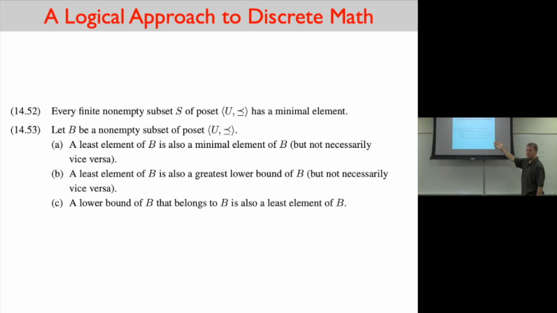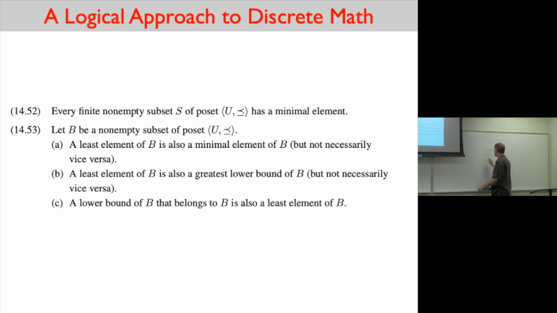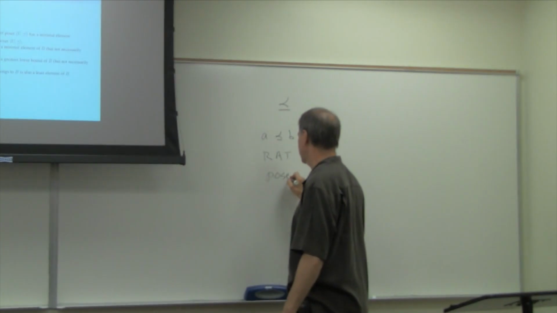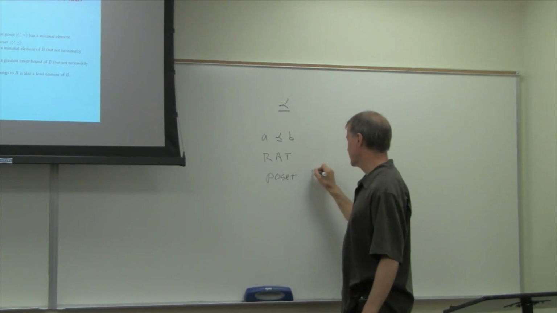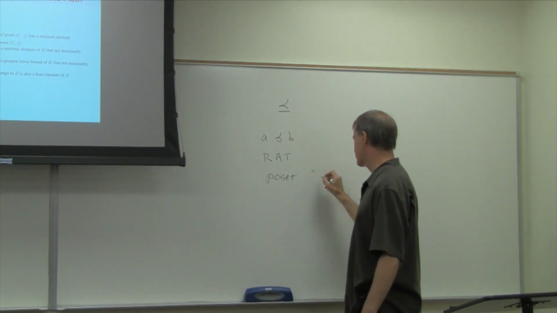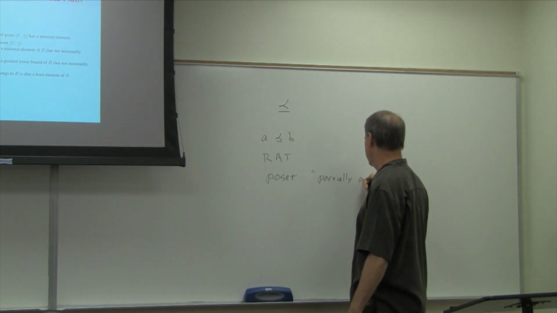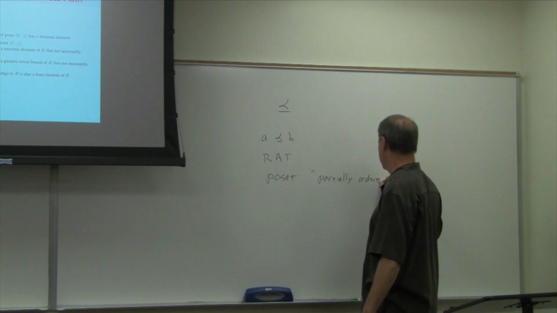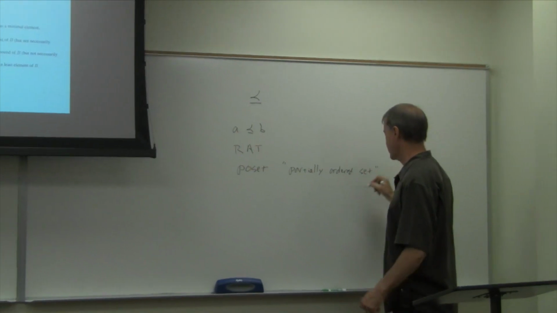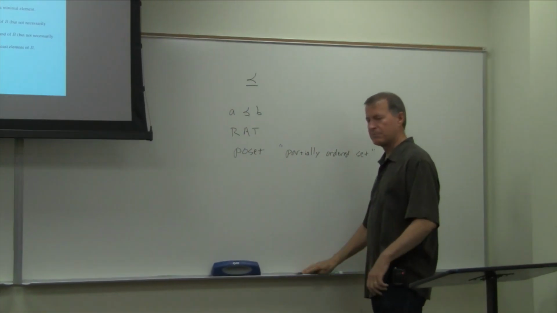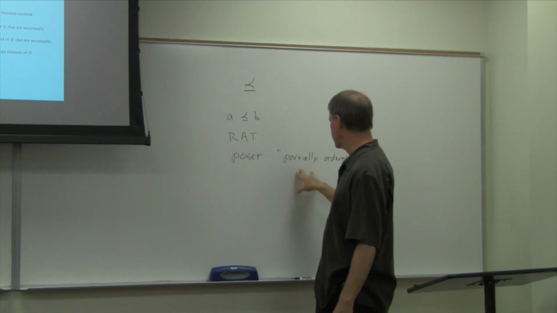No, not power. P-O. Poset. What is poset an abbreviation for? Partial order. Yes, partially ordered set. So the PO is partially ordered, so that's a partially ordered set.